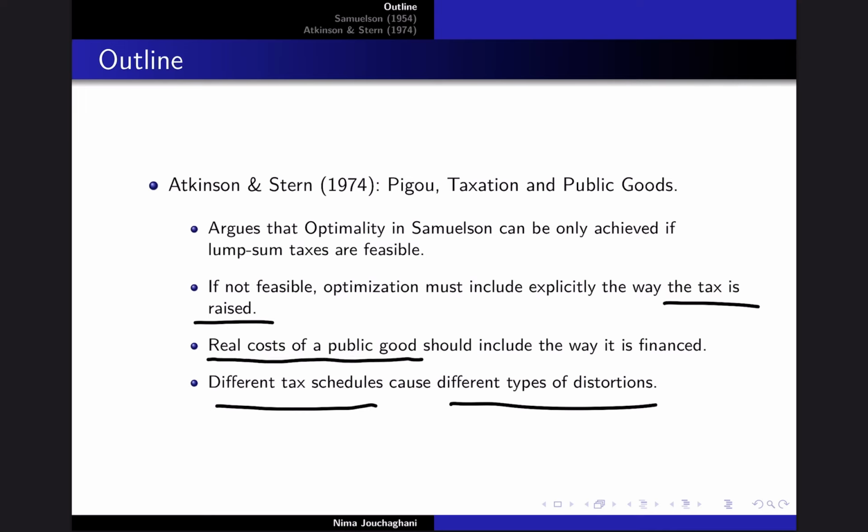When you consider the Samuelson condition from the lecture, you saw that the sum of marginal utilities of the public good for all the individuals in the economy must equal the production cost. The argument in this paper is that the real cost should include the way that the public good is financed, and then there will be a different condition, as we will see.